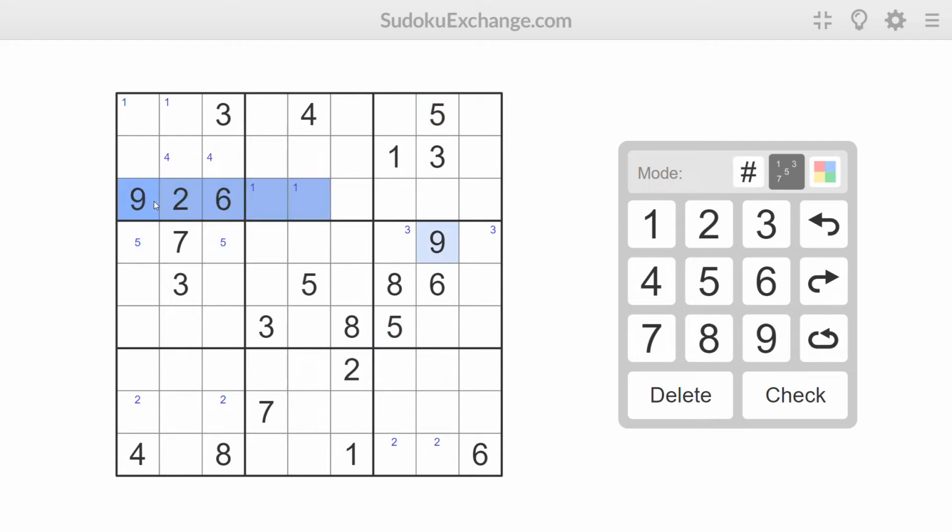On this row, we need to put a 5. These 3 cells are taken up. These 3 cells cannot have a 5 because there's already a 5. So we're left with these 3. And this cell sees this 5. So we're left with these two cells. Put in a 5 candidate.